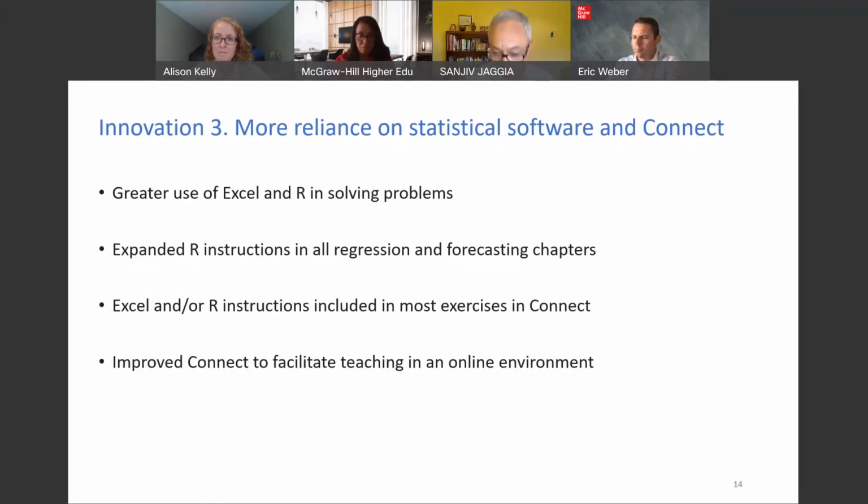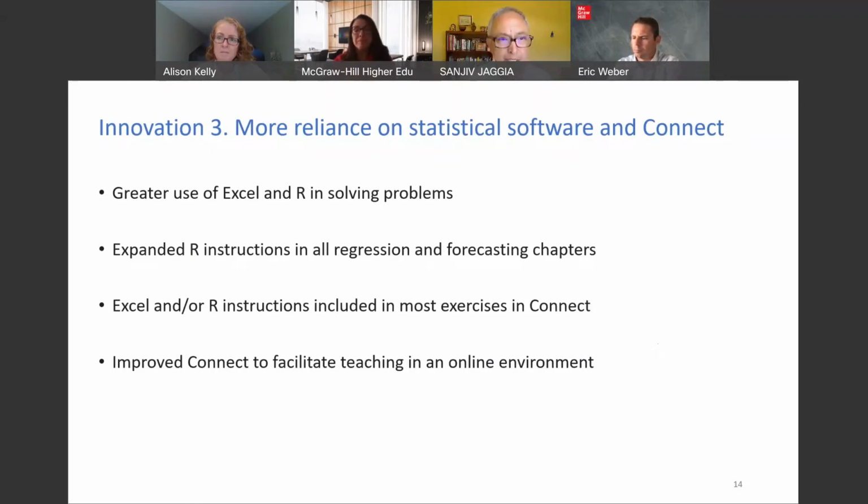You're just using them. And Alison also pointed out the GAISE report, where the emphasis, according to the American Statistical Association, should be to interpret computer output and, whenever possible, stay away from tables. And those are the kind of things that lead us to come up with this innovation.